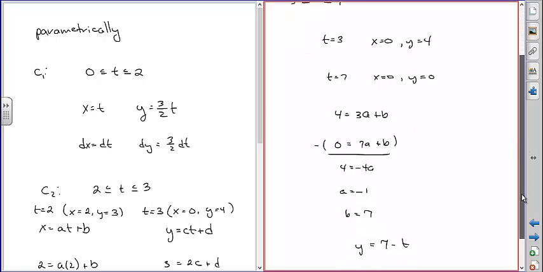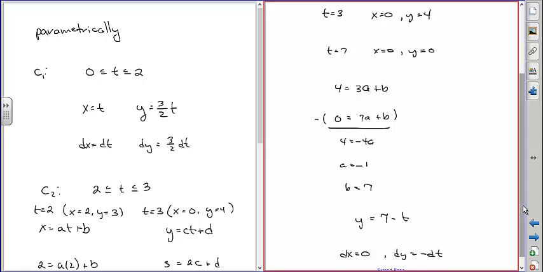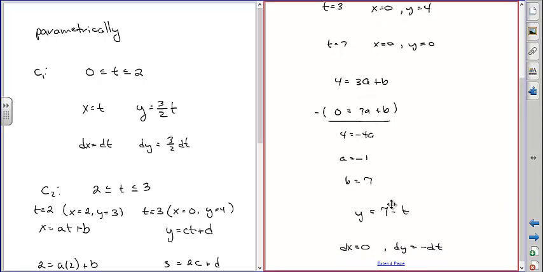Turns out there's only one equation. One is x equals 0 and y equals 7 minus t. So I didn't write that down, but x equals 0 is the other one. So you get dx is 0, you get dy is negative dt. So we got everything.